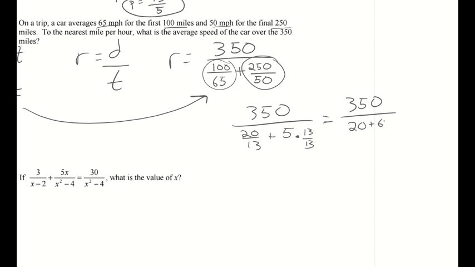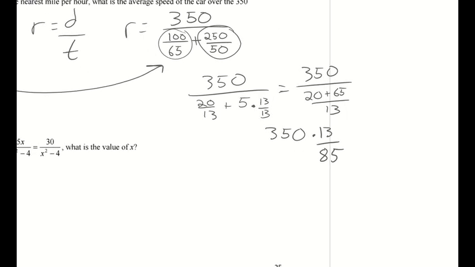So 20 plus 65/13. We can now multiply by the reciprocal. So we have 350 multiplied by 13 divided by 85. So we can factor a 5 out of this. So we have 70 times 13 divided by 17.